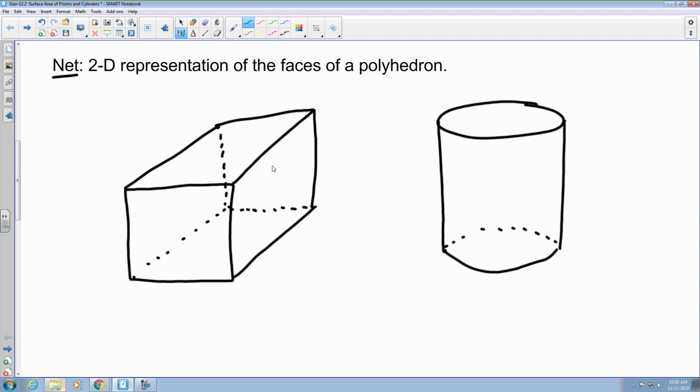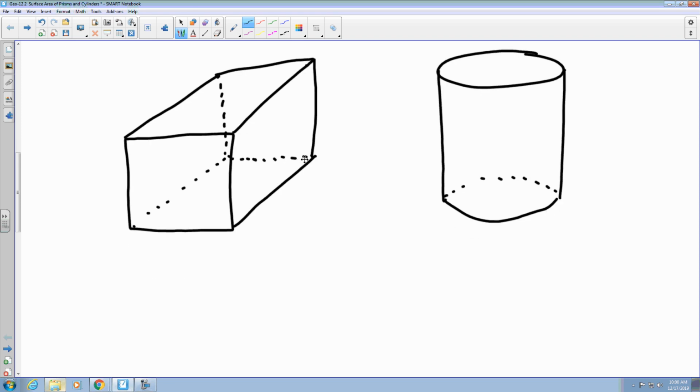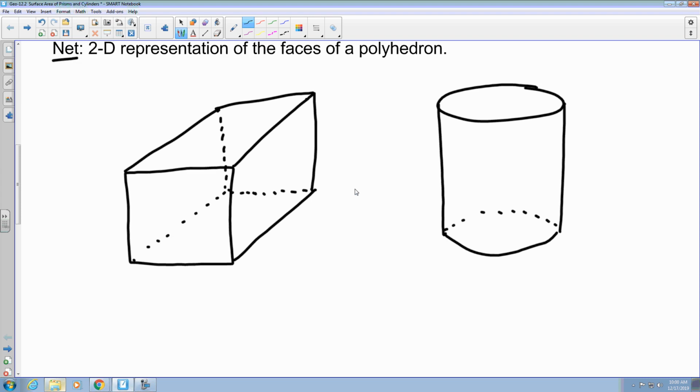In this one here we have a rectangular prism, and I'm going to call these pieces here the bases, looking at it from behind the object. Those two pieces are going to be my bases. That means this piece here, this piece here, this piece underneath, this piece to the left, those are all going to be my lateral faces.